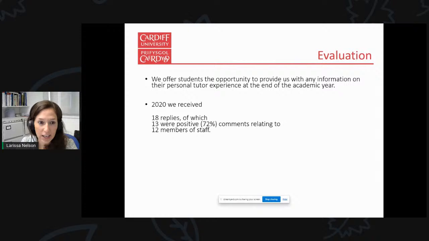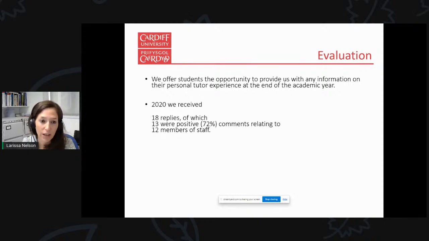We've also seen a shift in positive feedback. Previously in 2020, we received 18 replies from students, of which 13 were positive, so 72% positive feedback. Those 13 positive messages related to 12 members of staff.